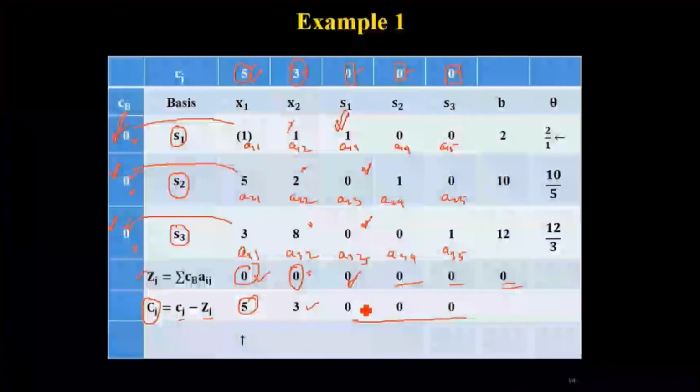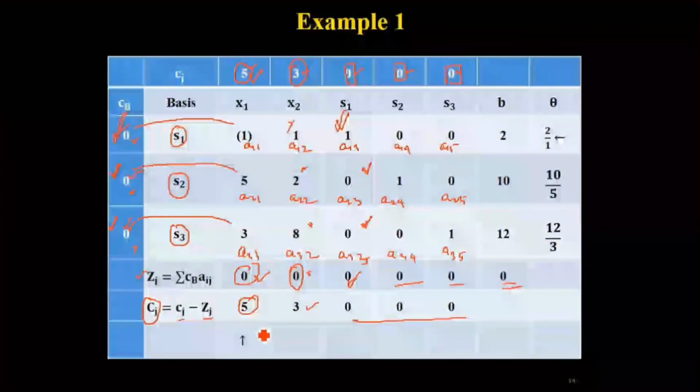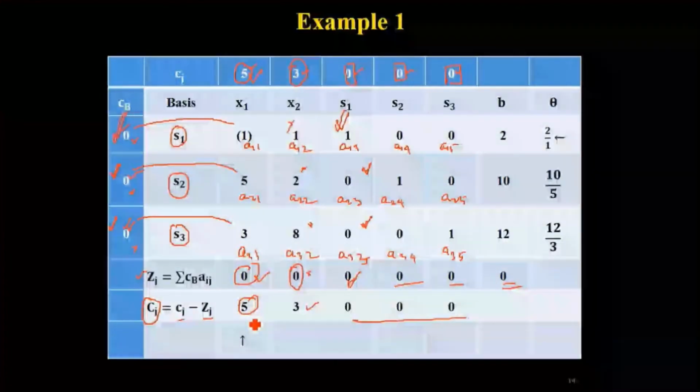After computing, we have to see whether it is a maximization or minimization type problem. For a maximization problem we select the column with the highest positive value. Here we have 5 and 3, and 5 is the maximum.